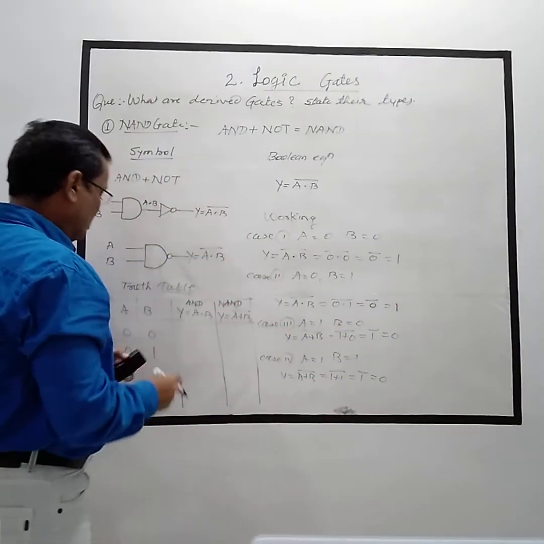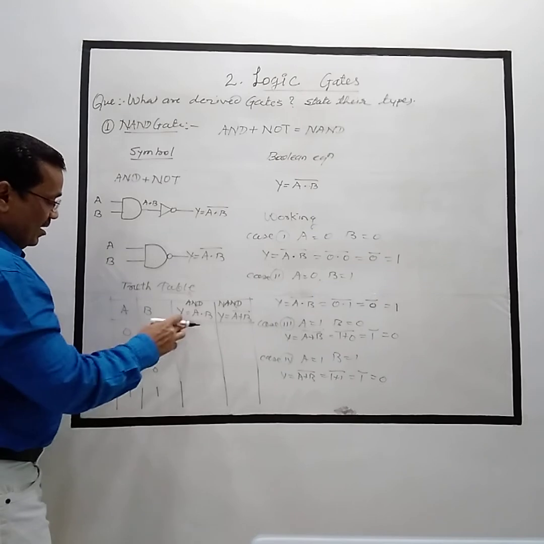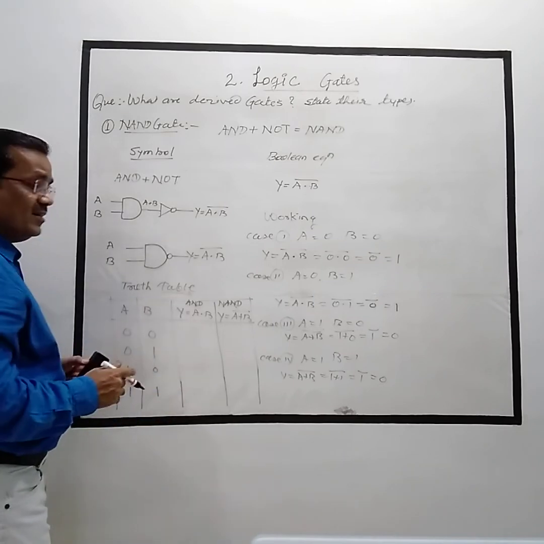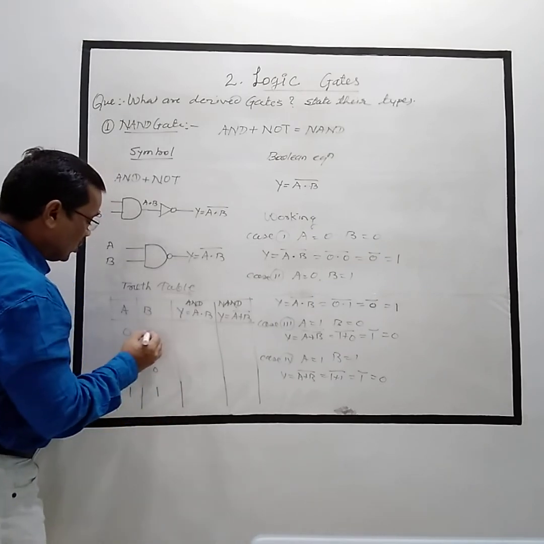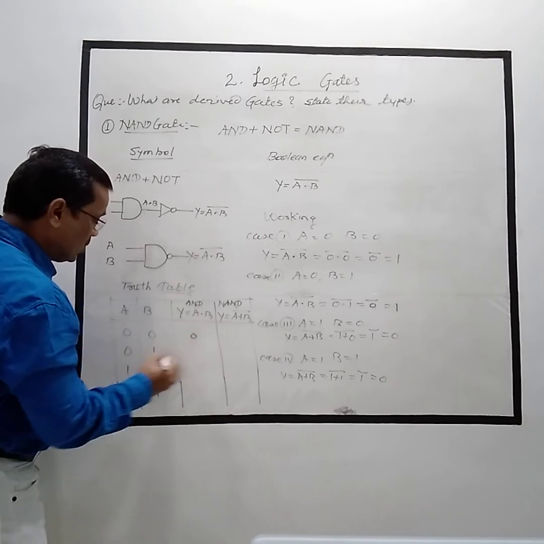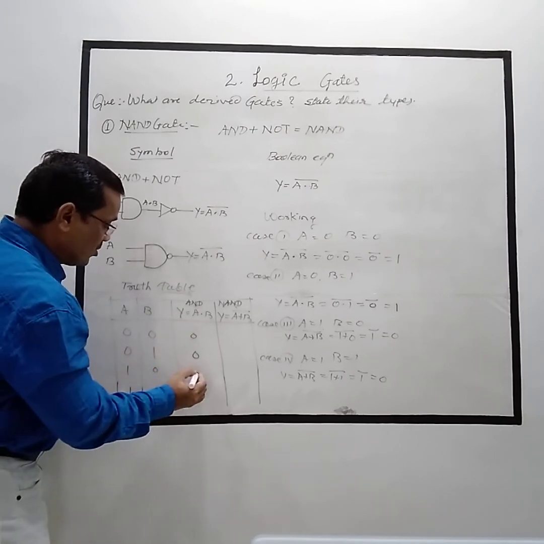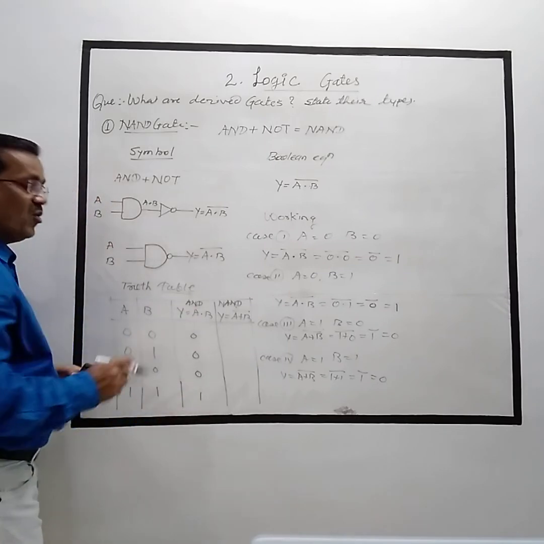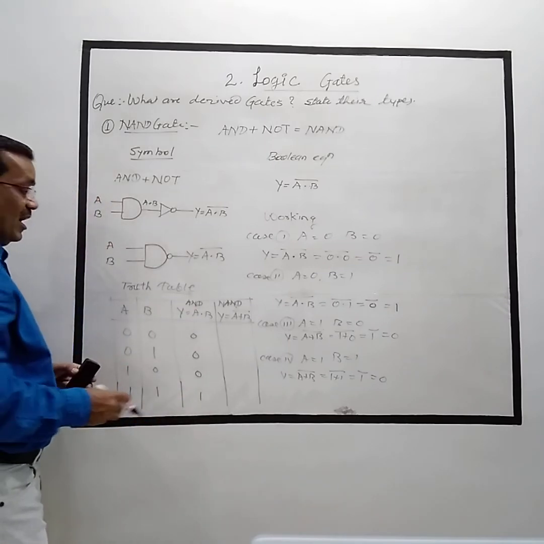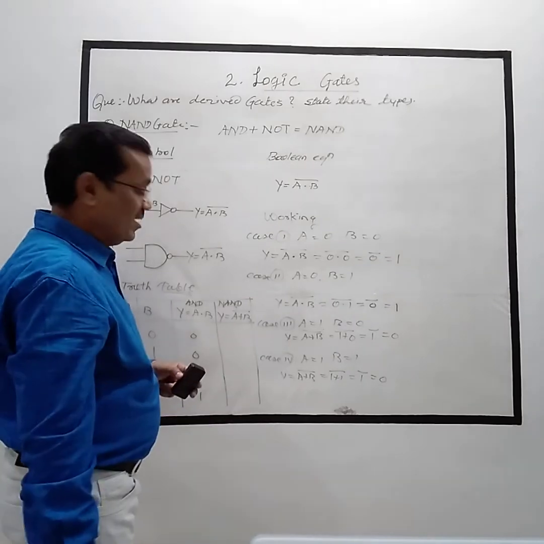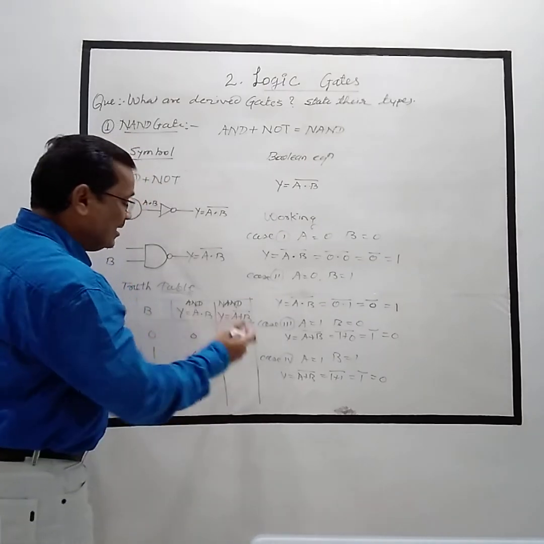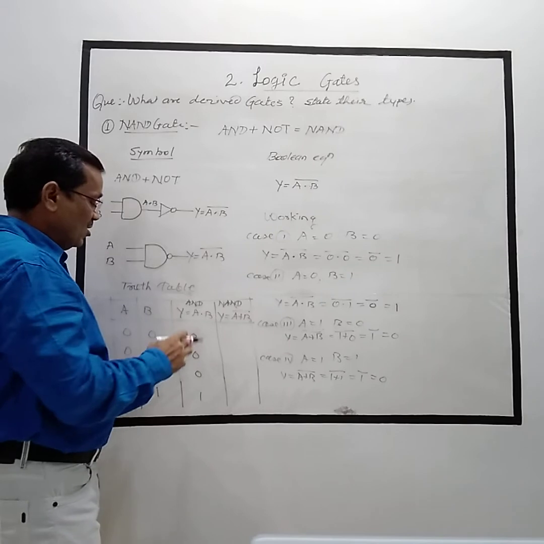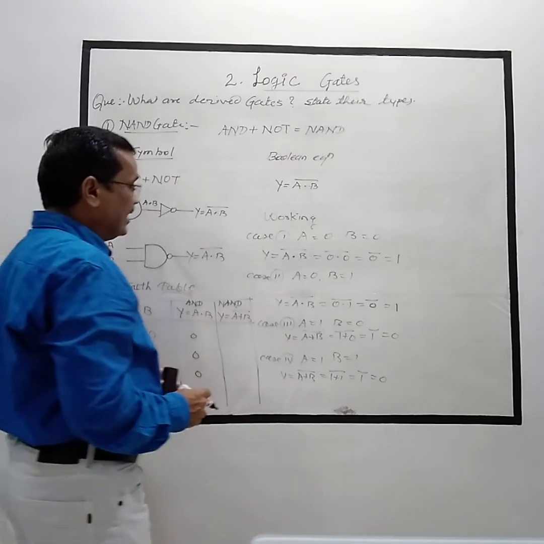For the AND gate, we can write the truth table: 0 into 0 is 0, 0 into 1 is 0, 1 into 0 is 0, 1 into 1 is 1. This is the truth table for the AND gate, and this is the truth table for the NAND gate, which is exactly the inversion or complement of the AND gate output.